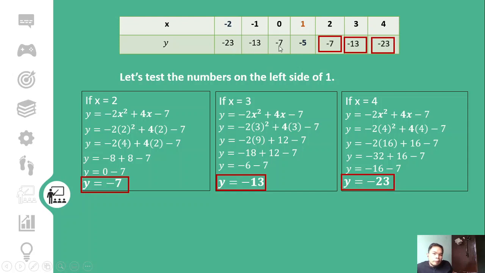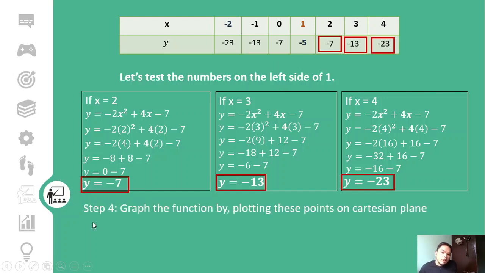So, halos magkakaparehas lang sila, di ba? So, yan yung tip para hindi ka mag-solve ng 6 na beses. Instead, gagawin lang natin kalahati. 3 lang muna yung solve mo para makompleto mo na agad yung table of values. Okay, now nakompleto na natin yung table of values, pwede na tayong mag-graph ulit.